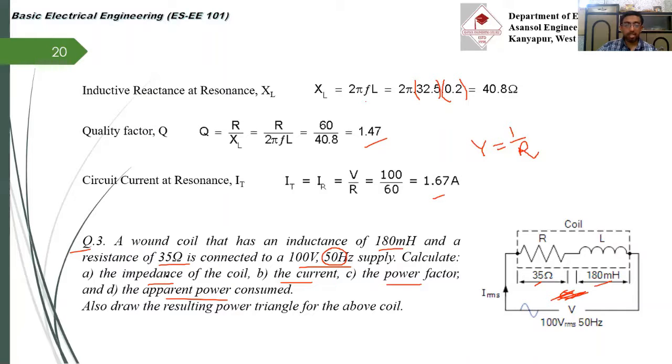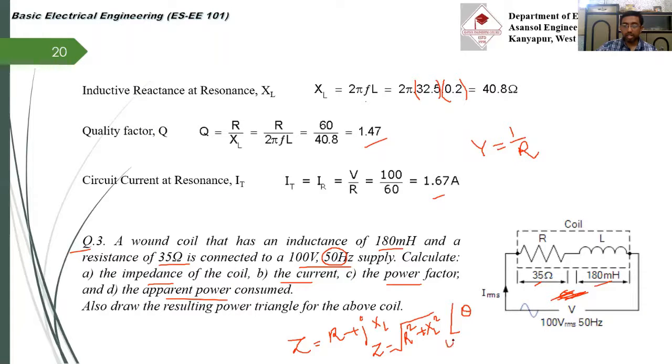Okay? So first, the impedance of the coil you have to find out. What is the impedance of the coil? That is Z equals to, in complex formation, R plus JXL, right? In polar formation, this will be root of R square plus XL square, angle theta.